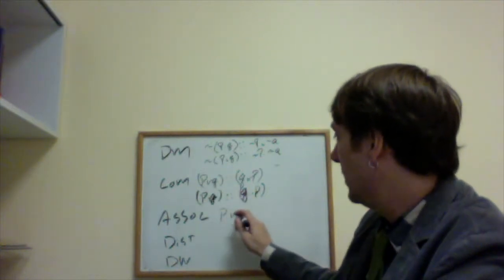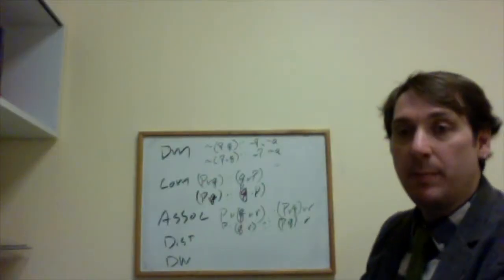So suppose you have P wedge Q wedge R, originally written with parentheses around Q wedge R. Associativity says that you can move these parentheses over and preserve the truth value, so that's equivalent to P wedge Q in parentheses, wedge R. You can verify that with truth tables. I'm not going to go through it, but of course the same is true for P dot Q dot R, which is logically equivalent to P dot Q dot R with the parentheses moved.